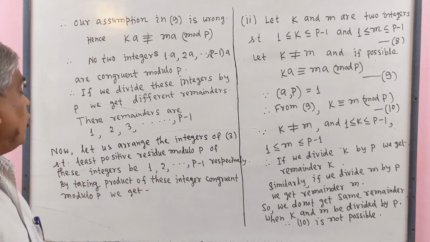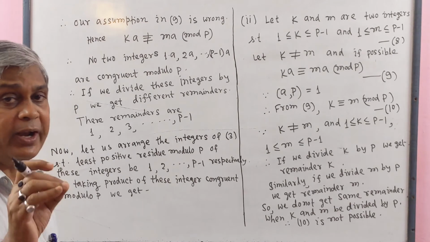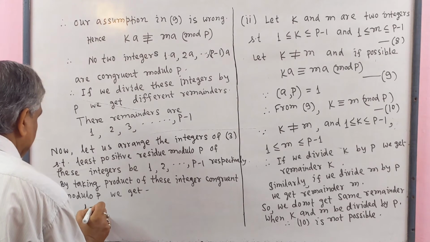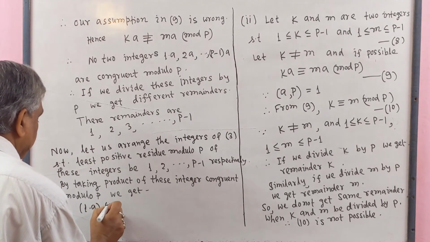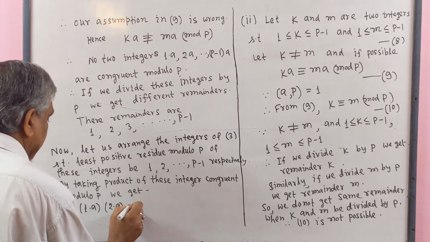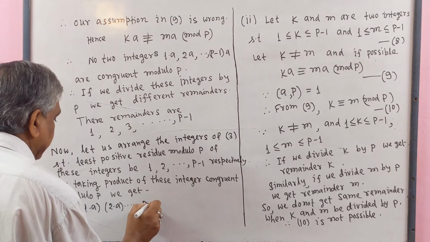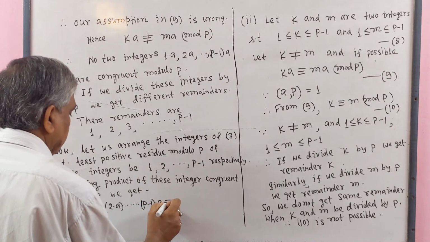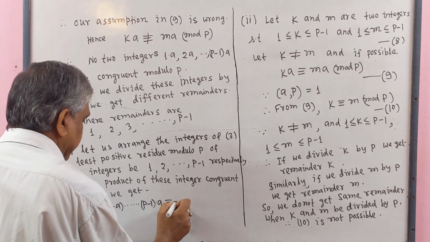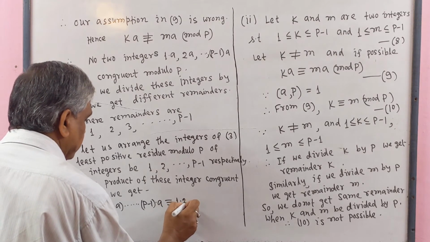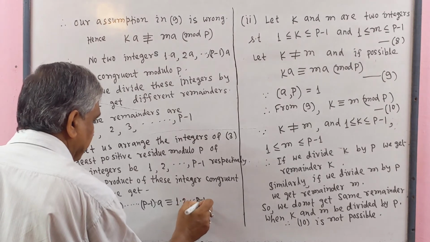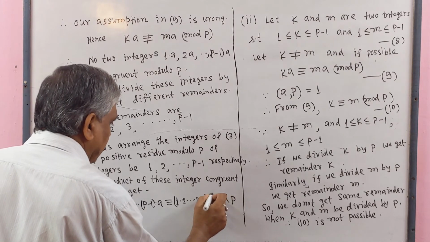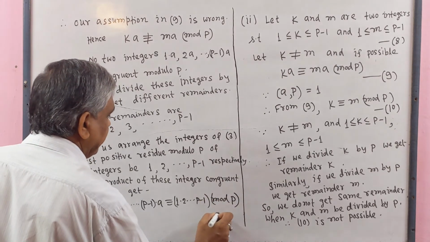By taking the product of these integer congruences modulo p, we get 1 multiply a, 2 multiply a, ..., p minus 1 multiply a congruent to, here remainders, 1 multiply 2 multiply ... multiply p minus 1 modulo p. Let this be number 11.